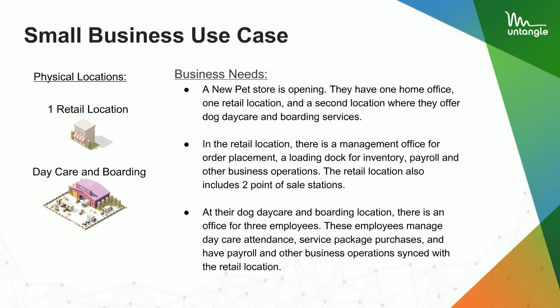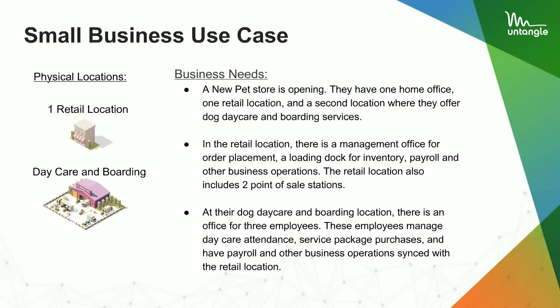In the retail location, there's a management office for placing orders, a loading dock for inventory, payroll and other business-related operations. The retail location also includes 2 point-of-sale stations. At the dog daycare, there is an office for 3 employees.